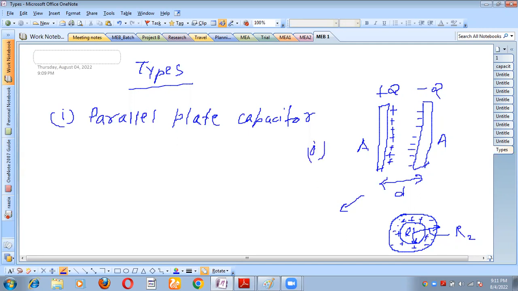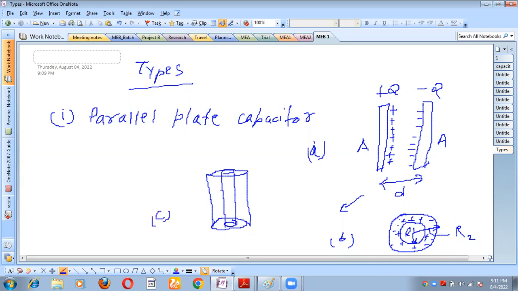Like this, you see, type A, type B. This all comes under the parallel plate capacitor. We may have cylindrical types. This is also a parallel plate capacitor, like this. Their plates are also parallel, but the shape is cylindrical.